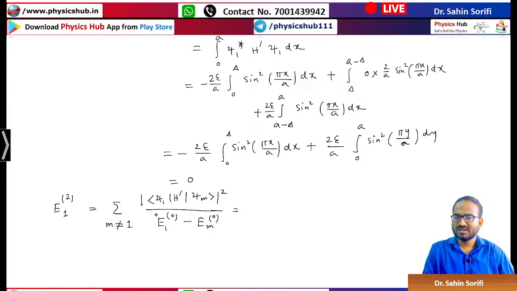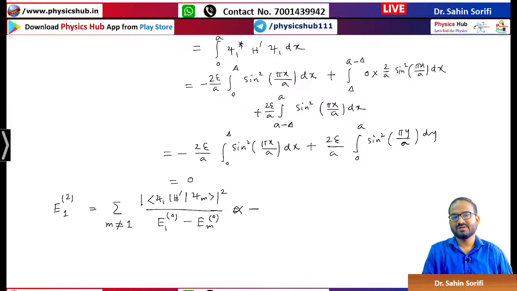So obviously this term in the denominator will be negative. Is it clear? E1^0 is the ground state and m cannot be 1, so it will be more than 1. If it is more than 1, the energy will be more. So all the time the denominator will be negative, because E1^0 is the lowest term.